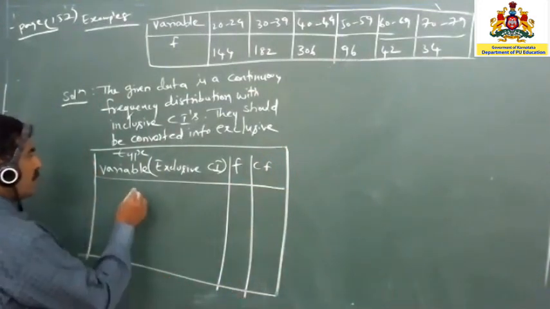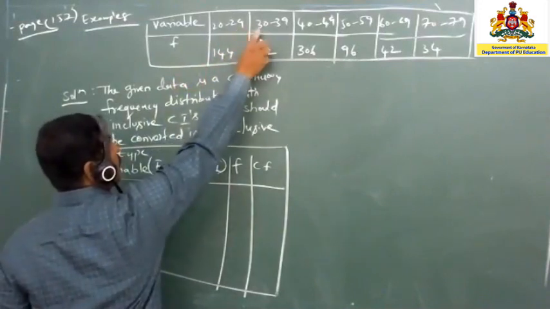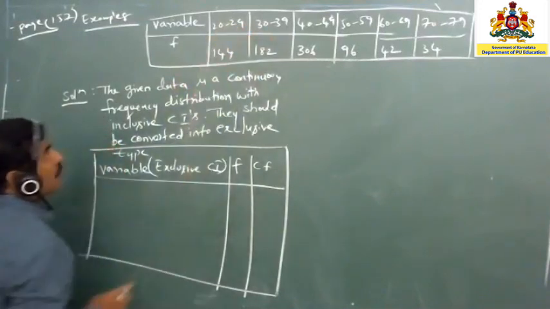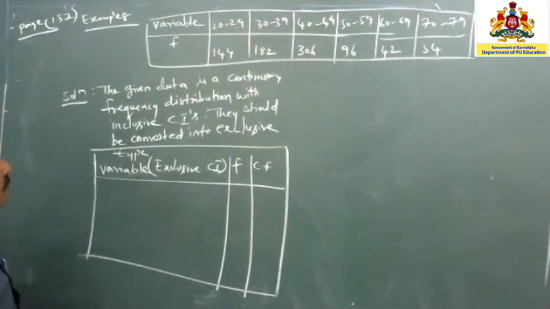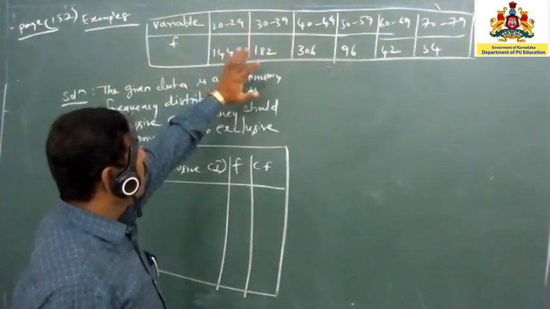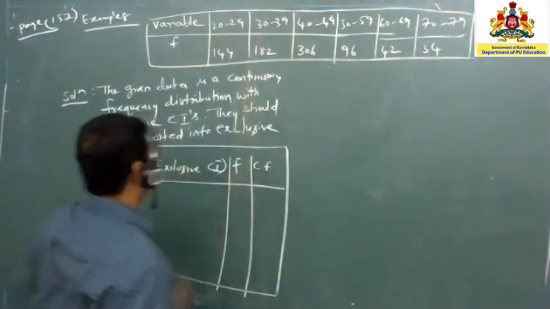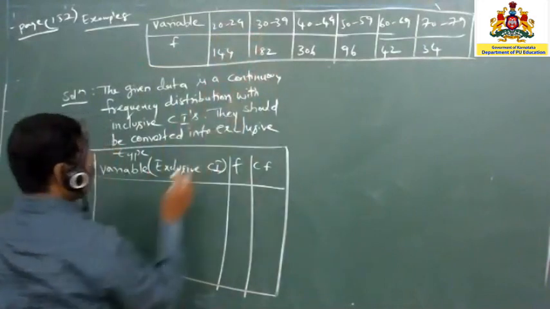To get exclusive class intervals, find the difference between the first class upper limit and second class lower limit: 30 minus 29. The difference is 1, half of the difference is 0.5. Subtract 0.5 from every lower limit and add 0.5 to every upper limit.